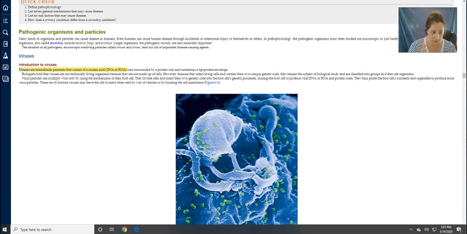And that virus will then multiply itself by putting its own genetic code into our cells. Viruses are the ones that cannot be killed by an antibiotic, okay? So it just has to run its course. So the flu, a cold, coronavirus, all of those are viruses that just have to run their course.